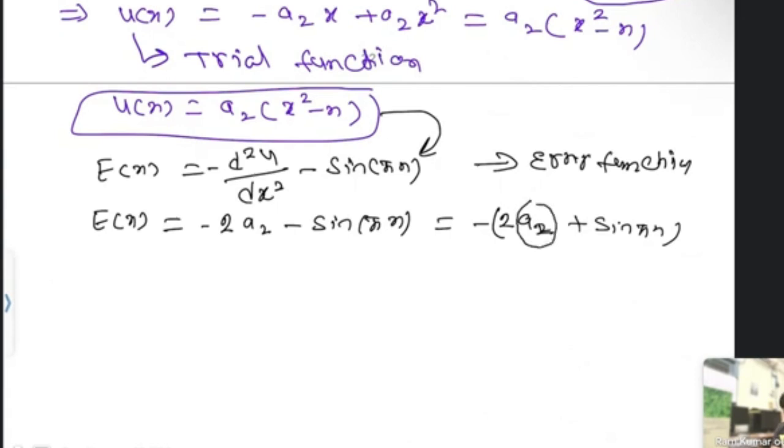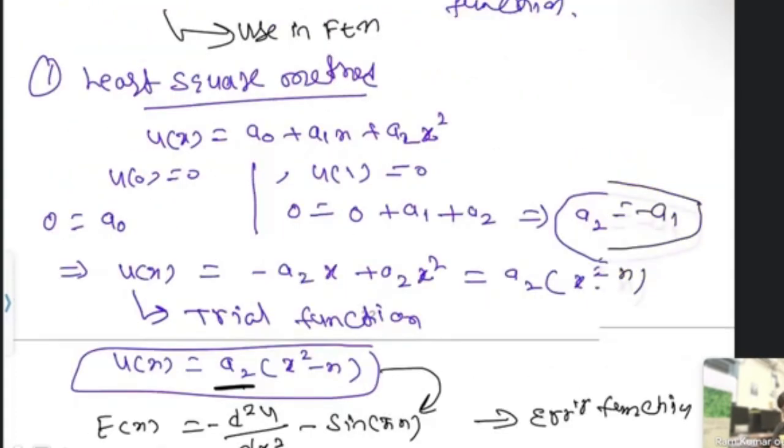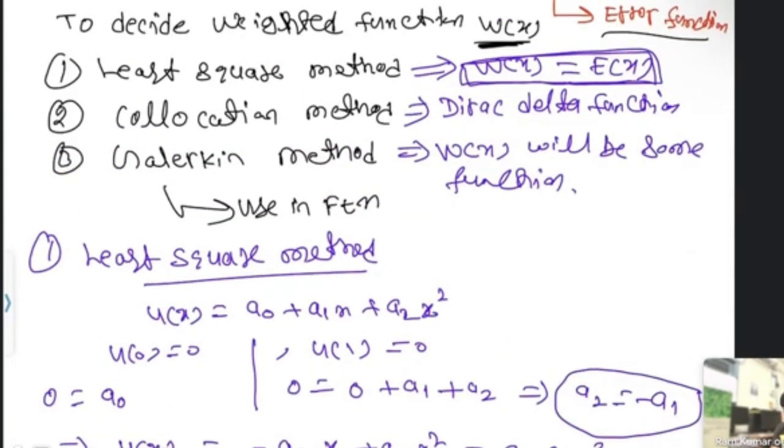Now we have one constant. This constant we have to find, then we will get our final trial function. But as I told you, in the least square method, whatever error function we have will be our weight function.